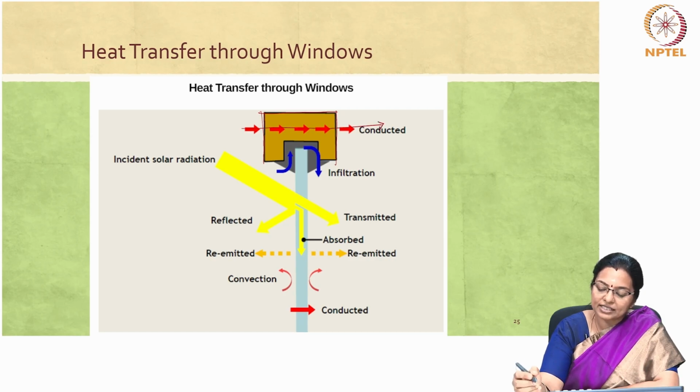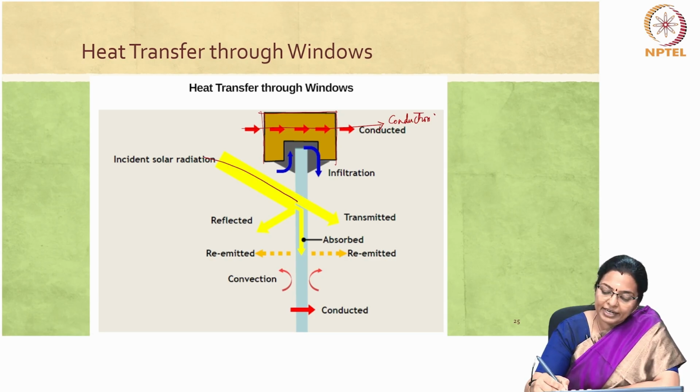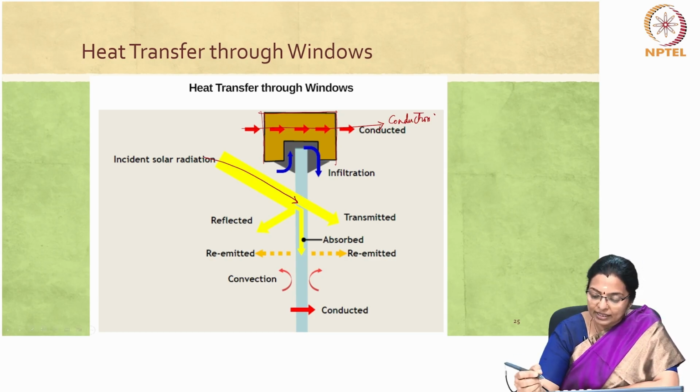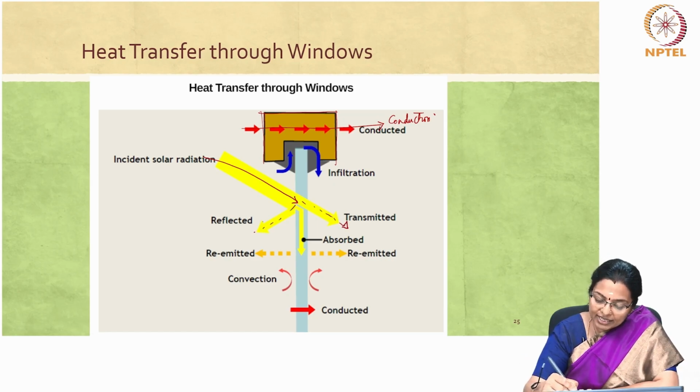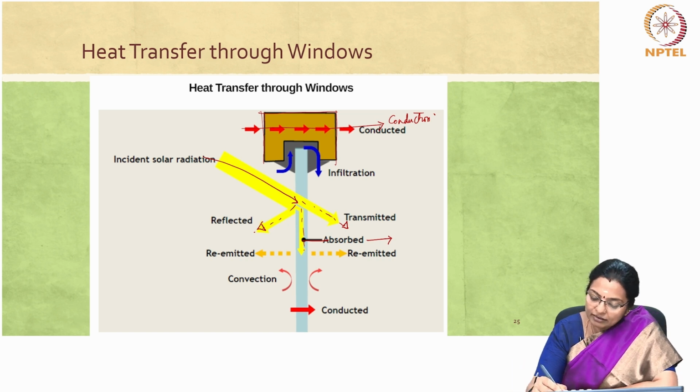So, heat gets transferred due to conduction, then the incident solar radiation which falls on the glass, that partially gets transmitted, partially gets reflected, and partially gets absorbed by the glass, which in turn could get conducted to the room, air near the room.